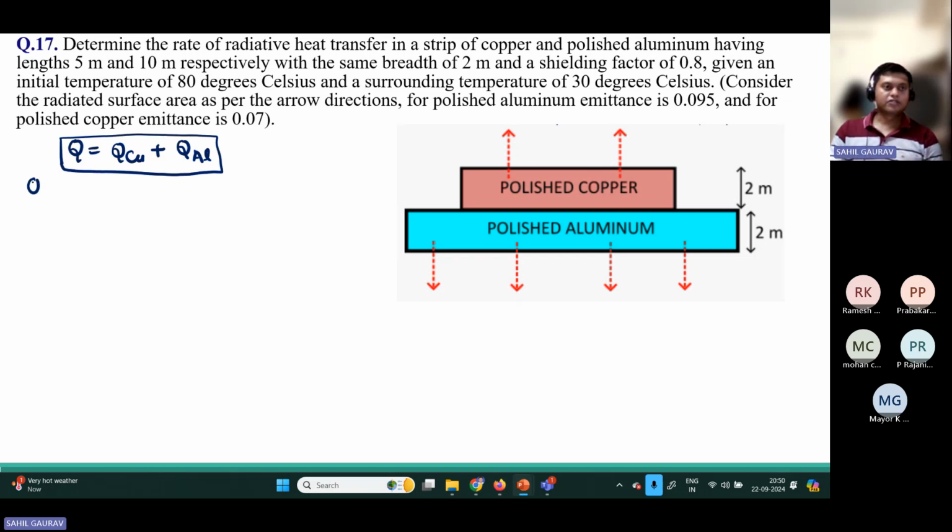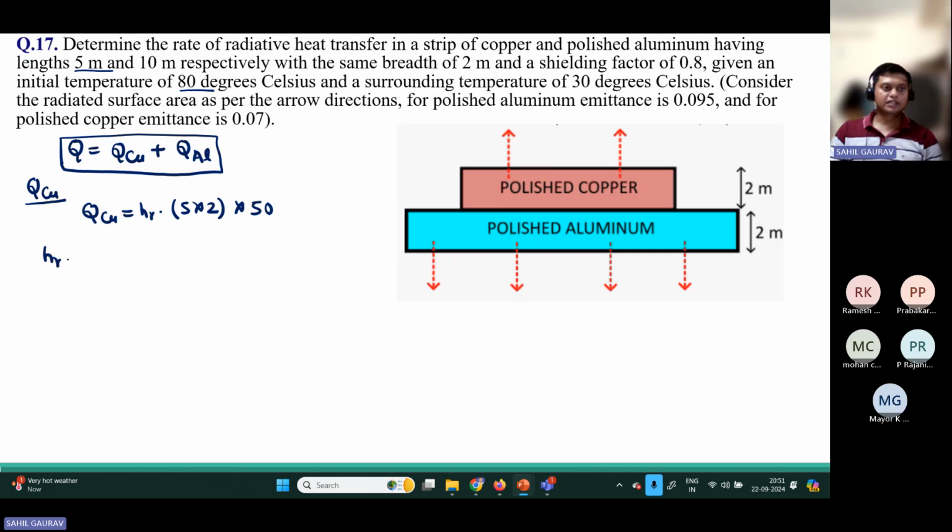First we'll find the QCU, which will be HR into area. For copper, the area is 2 meter height and 5 meter length, so 5 into 2, 10 meter square. And delta T is the same for both, 80 degrees minus 30 degrees, that is 50 degrees Celsius. So this is the area.